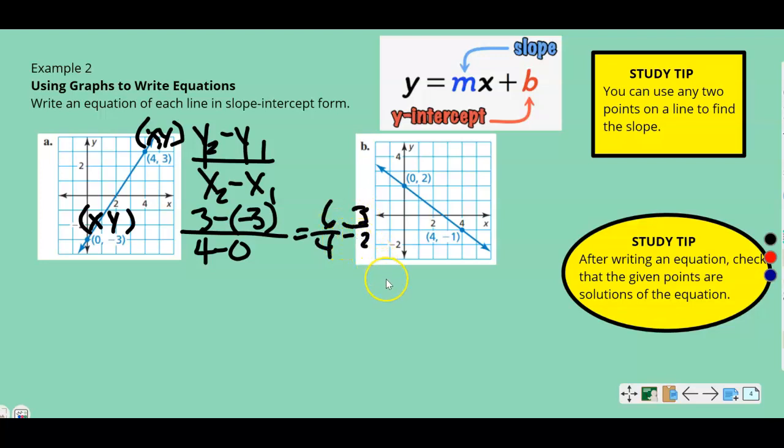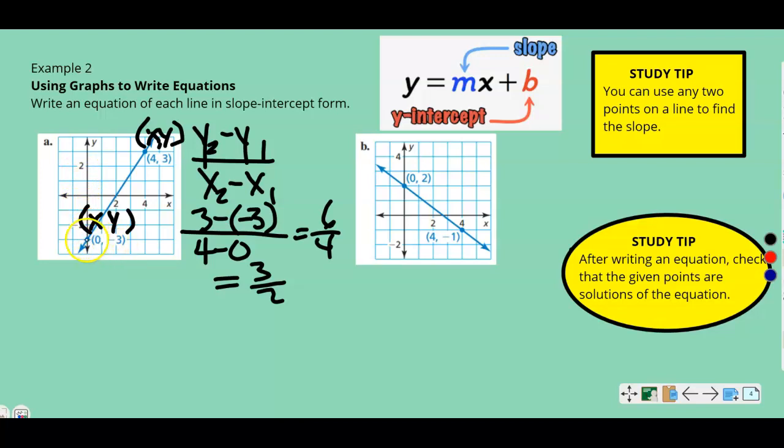That looks like a negative, but it's not. That's just a 2 there. Let me write that a little better. Let's write it underneath here. 3 over 2. Now I have a slope and I have a y-intercept. If you look, you come down here, the second point here, that is your y-intercept.